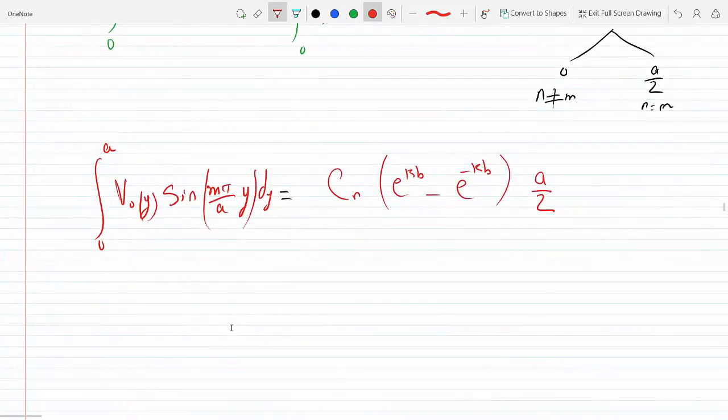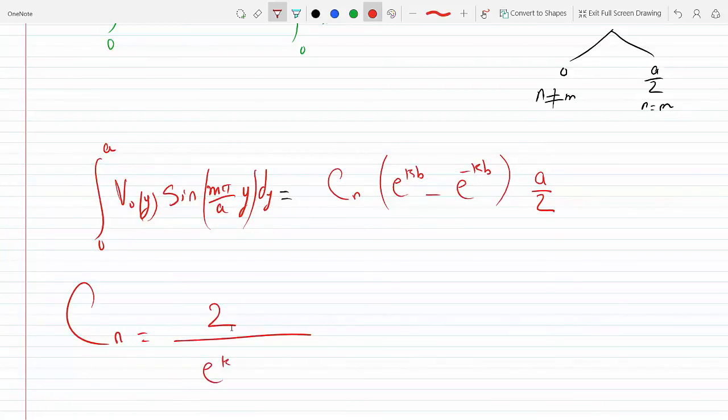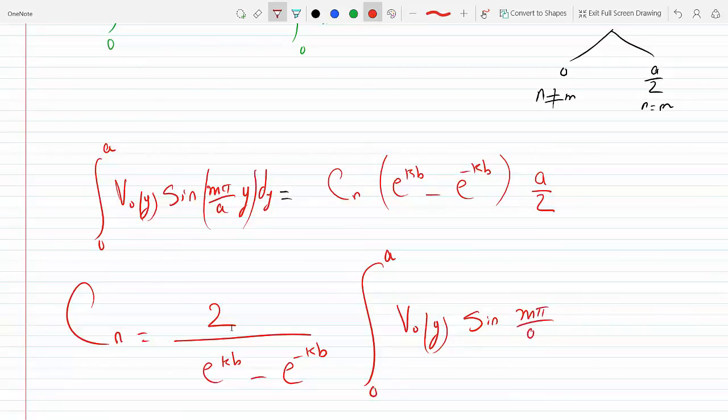So now I can hunt for my Cn. Cn will be 2 over (e to the kb minus e to the minus kb) times the integral from 0 to a of v0(y) sine of m pi over a y dy.